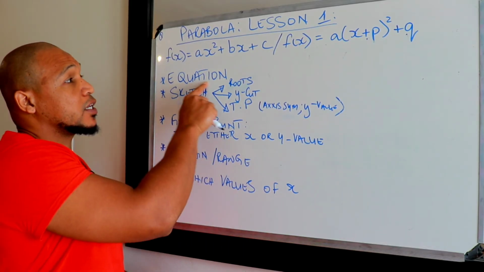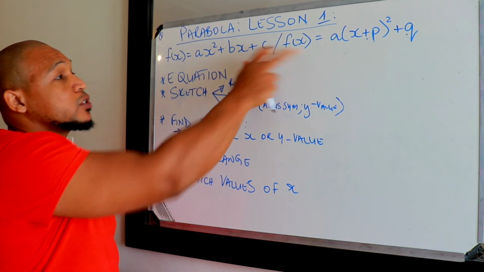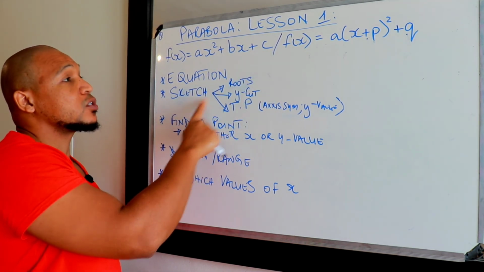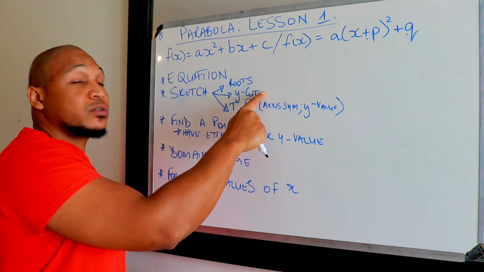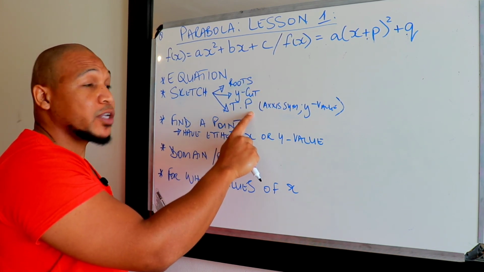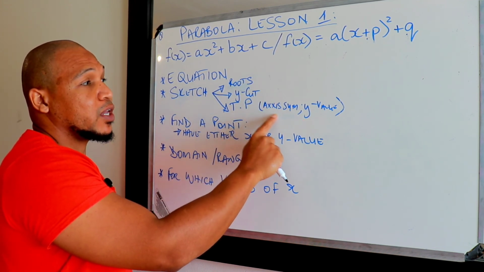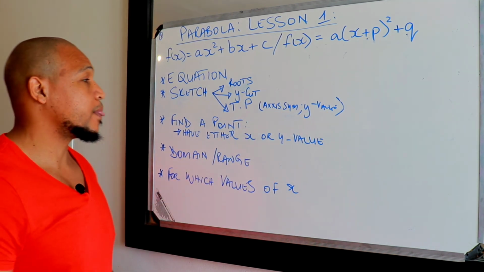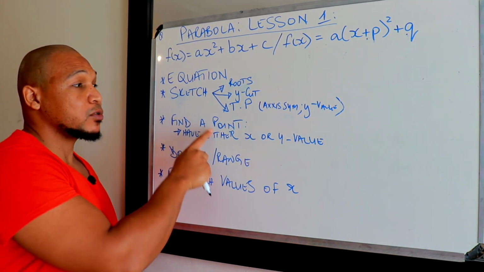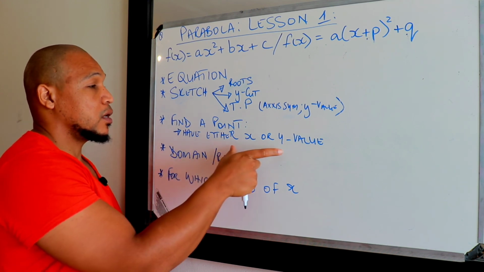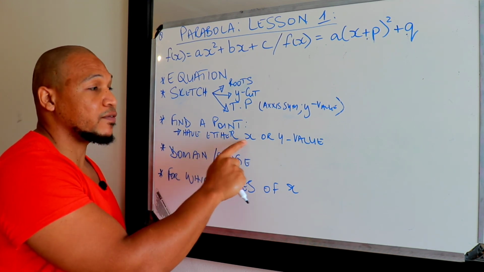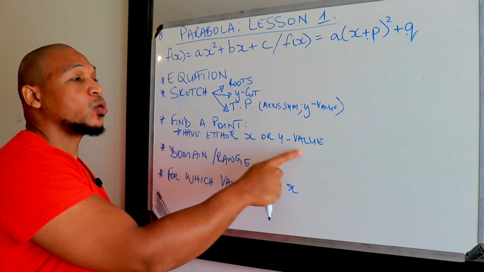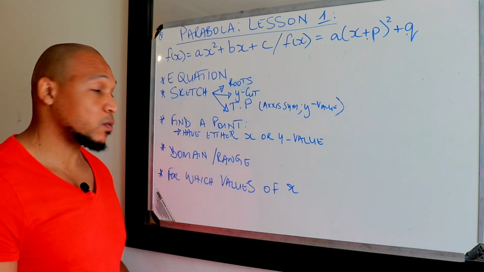You have to understand the equations, both forms. You have to know how to sketch. And there we have our roots, our x values, our y-cut, our turning point, which consists of an axis of symmetry and then its y value. You have to be able to find a point, and to do that you either have to have the x value or the y value to find the other one.